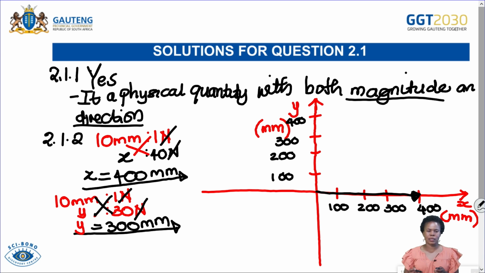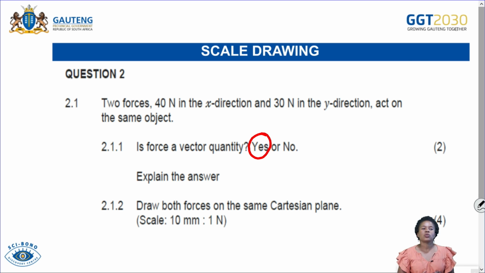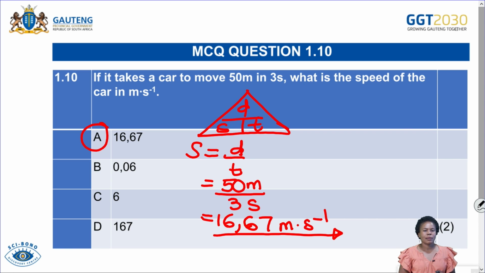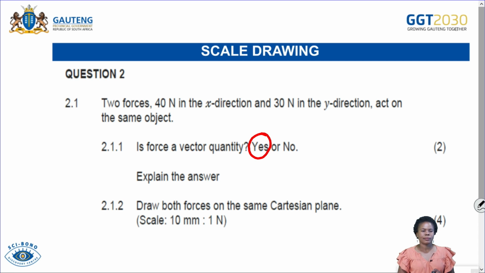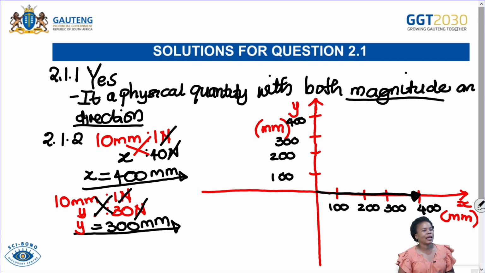Why are we doing this? Let's go back to the question: draw both forces on the same Cartesian plane. So that is why we are drawing them on the same Cartesian plane. Then that is your x, it's 400 millimeters.